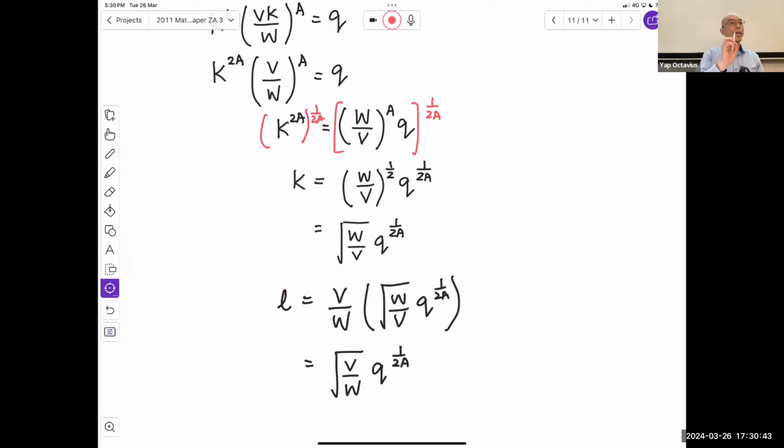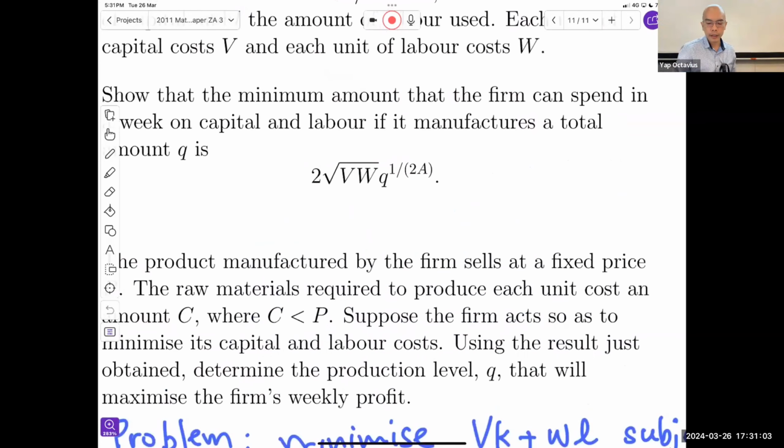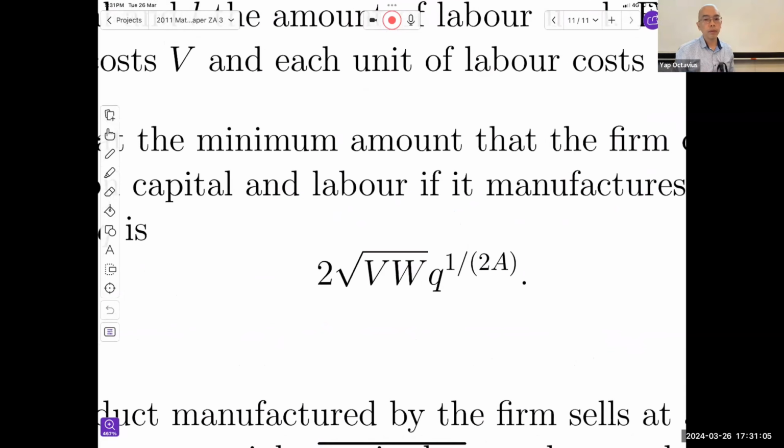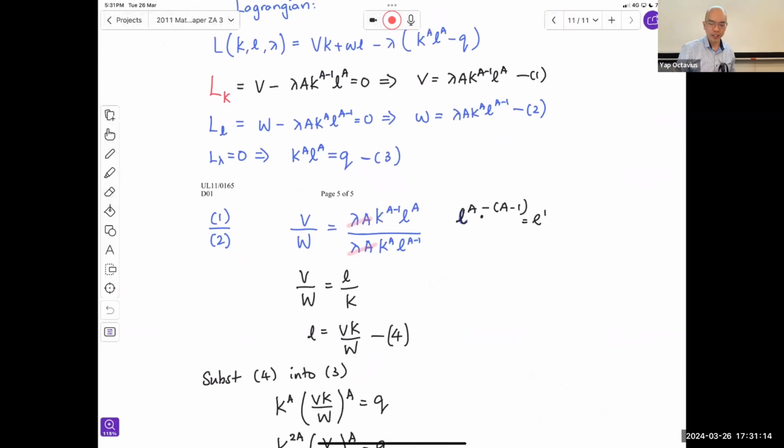So we need to calculate the minimum cost. Your minimum cost, you need to show that your minimum cost is this one. Okay, so come, 1 minute, you all do the minimum cost.